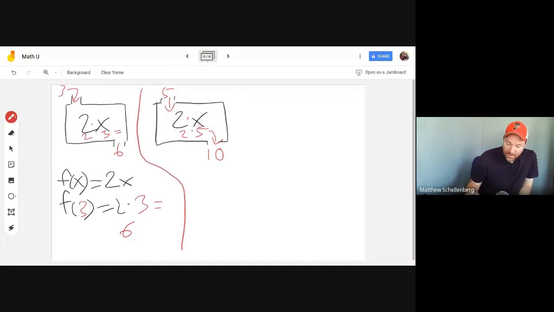Likewise, on this side, we still have the same function, f of x equals 2x. And this time, we're going to plug in 5 and see what that gives us. So here we plug in a 5. And so we have 2 times 5 now.